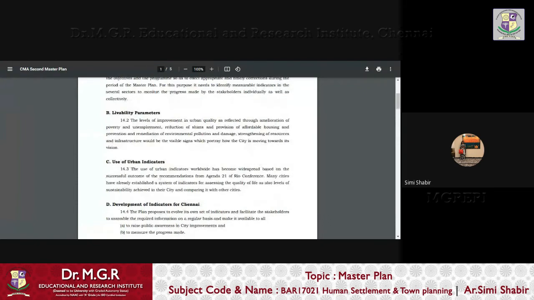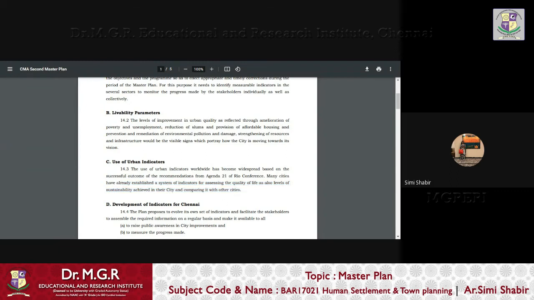And then comes the use of urban indicators. The use of urban indicators worldwide has become widespread based on the successful outcome of the recommendations. Many cities have established a system of indicators for assessing the quality of life, as also levels of sustainability achieved in the city, and comparing it with other cities.